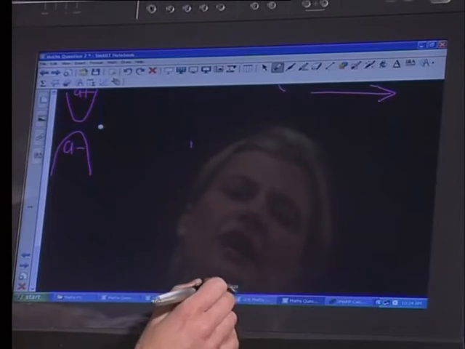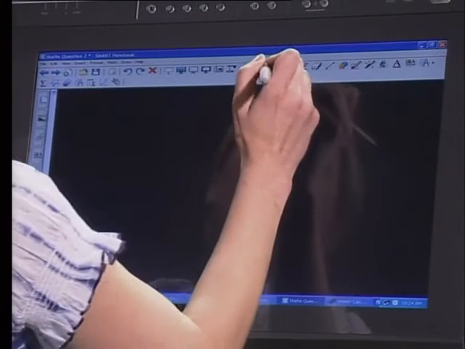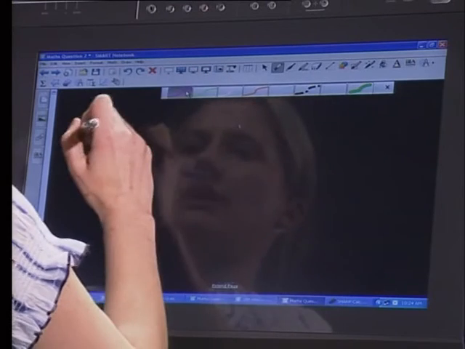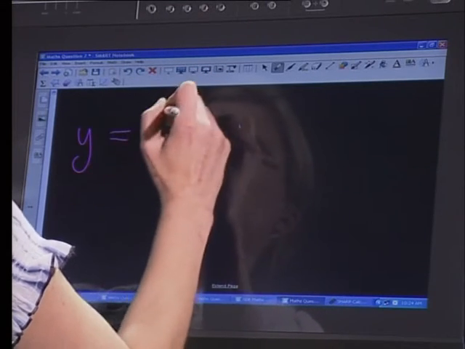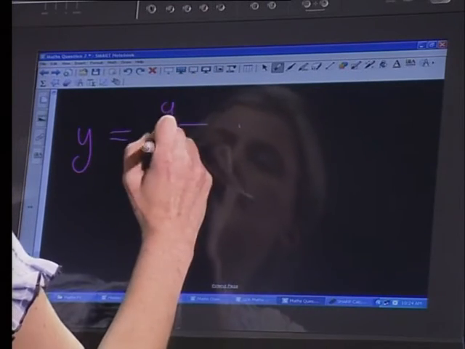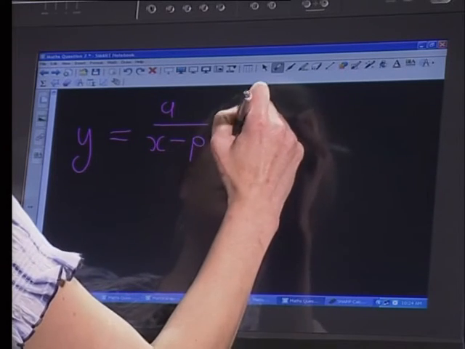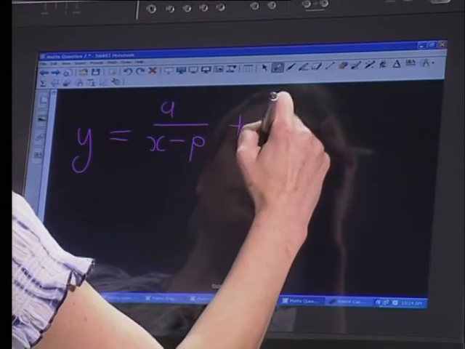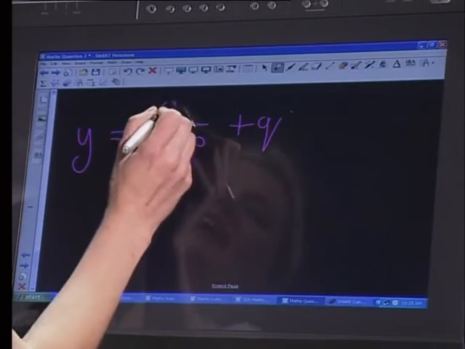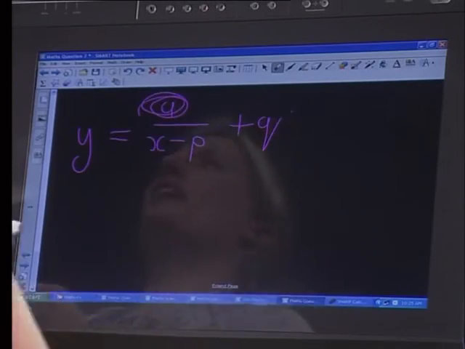Now, if you compare those things to your hyperbola, let's say y = a/(x − p) + q. Again, the value of a determines where your hyperbola is going to be mostly. A positive value of a means mostly in quadrants 1 and 3, negative 2 and 4.